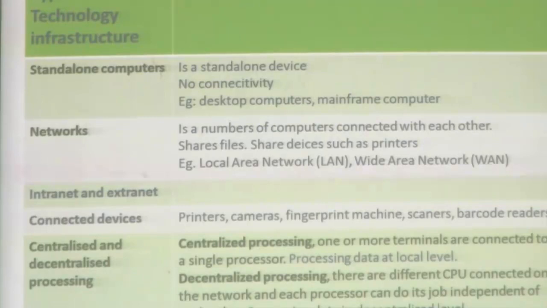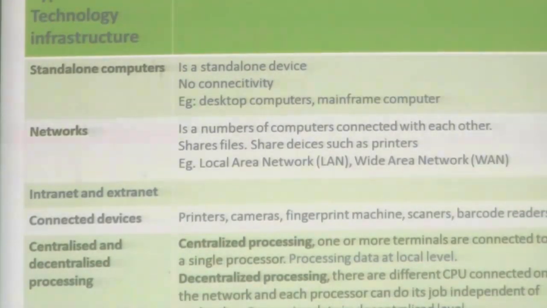If you have worked in a company, you have seen local area networks which connect the computers to each other and share information. A wide area network is a network which connects with other networks, and that becomes a very big network. So in a standalone computer there is no connectivity, but in networks there is connectivity. Intranet and extranet we will explain descriptively in the next slide.